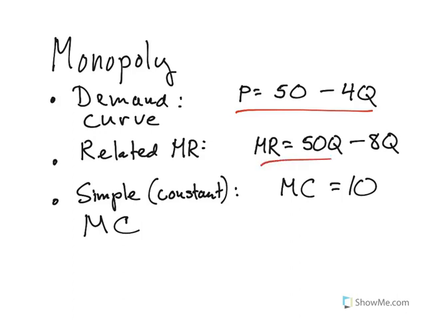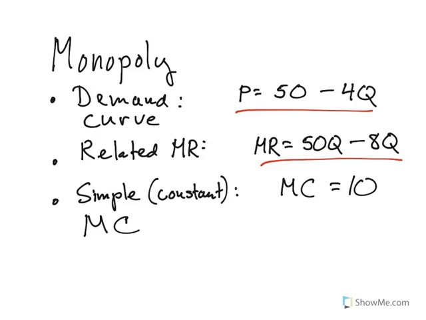The related marginal revenue curve is going to be equal to 50 minus 8Q. That's the specific version of the marginal revenue based on that demand curve. One thing you'll notice is that the marginal revenue curve is twice as steep as the demand curve with the linear demand curve. That just happens to be the case because of some calculus.